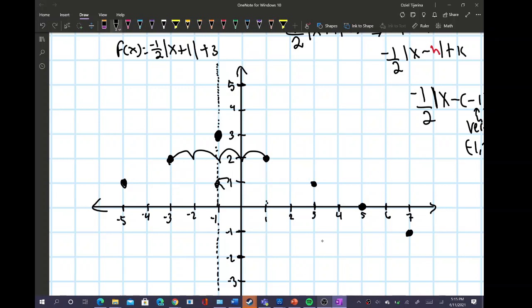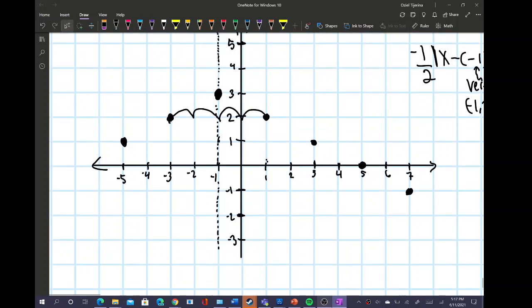And so it goes 1, 2, 3, 4 on the other side too, right? That's how it would be. And then it would be right here, right?